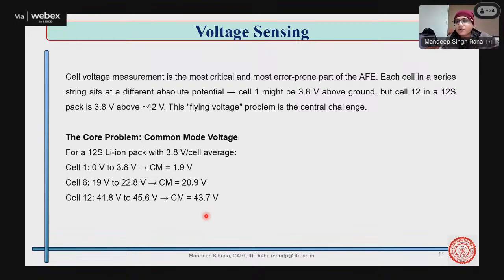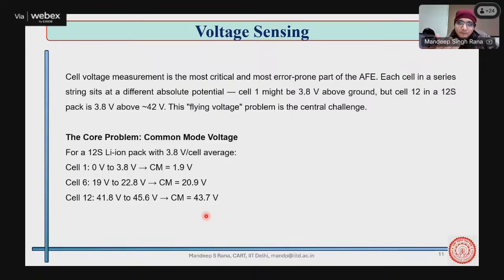So there is a lot of common mode voltage which we need to bear, which we need to look at. Like if you think about it, your microcontroller is running at 3.3 volt or 5 volt. Now you are sensing something which is sitting at 42 volt and it has some particular voltage which has to be sensed and sent to the microcontroller.